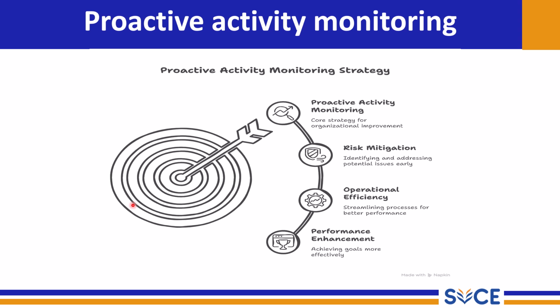Here they have given a diagram of the proactive monitoring strategy, where proactive monitoring leads to risk mitigation, operational efficiency, followed by performance enhancement. The core strategy for organizational improvement is identifying and addressing potential issues early, and streamlining processes for better performance and achieving goals more effectively.